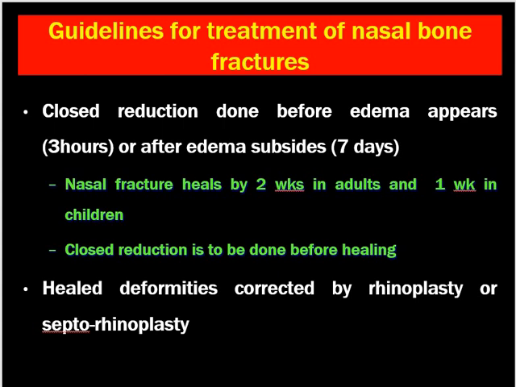Therefore, closed reduction is done before the fracture heals or before there is formation of much callus. When the callus gets fibrosed, then reduction is difficult. When the deformity is healed, that requires rhinoplasty, or septorhinoplasty when there is fracture of nasal bone only, or when there is fracture of septum plus nasal bone.